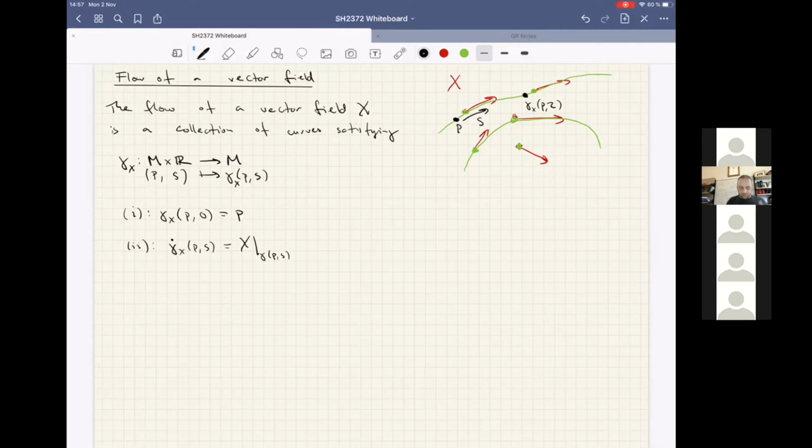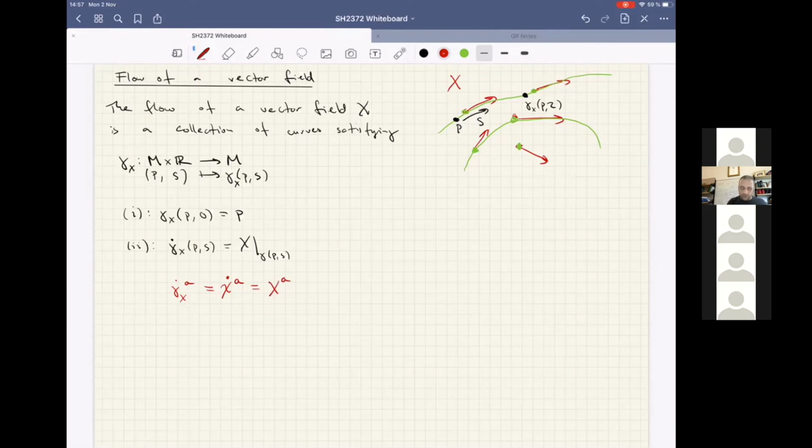Which means that if you look at the components, gamma dot X^a, the derivative of the coordinates with respect to the curve parameter, according to this equality should be equal to the components of the vector field X.